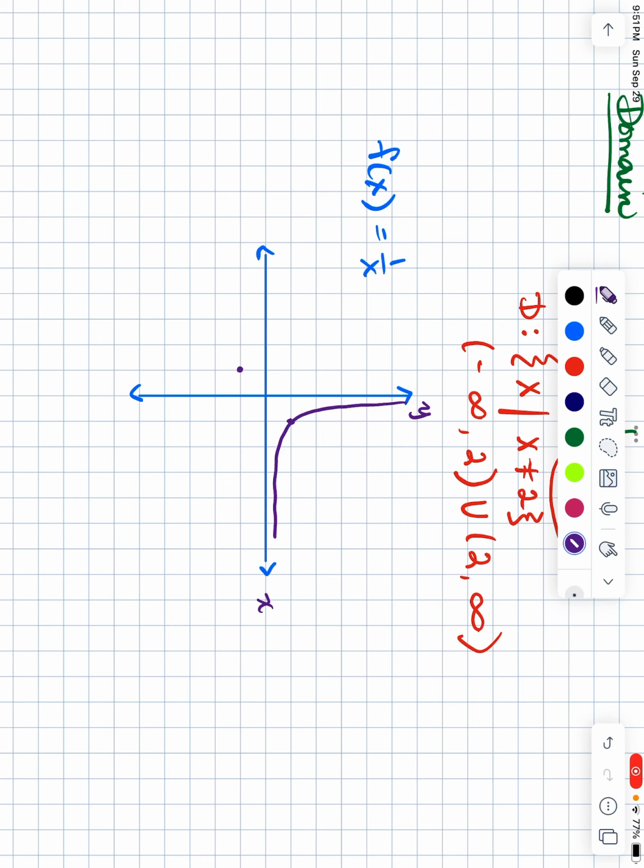There we go. That's the word I was looking for. So you have a piece in the positive quadrant 1, and then you have a piece in the negative quadrant 3. There we go. Actually, that doesn't look half bad.